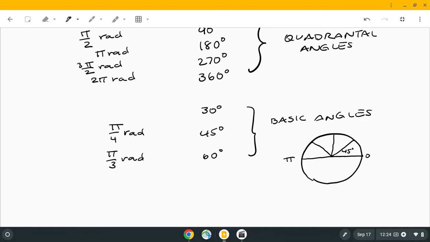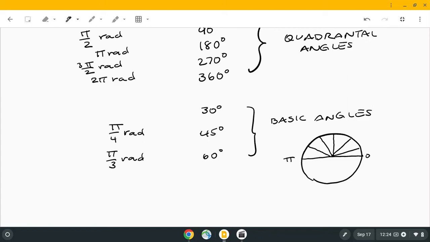Okay, and then 30 degrees, it takes 6 of them to make 180. So let's see, 30, 30, 30, 30, 60, 90, another 30, and then another 30.